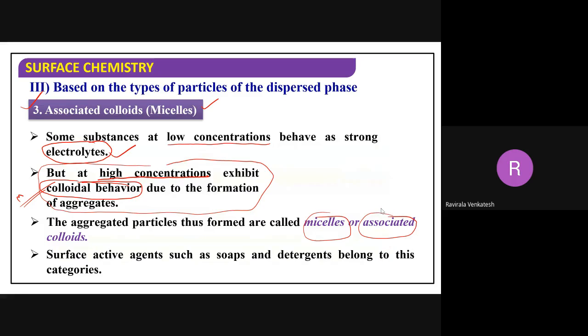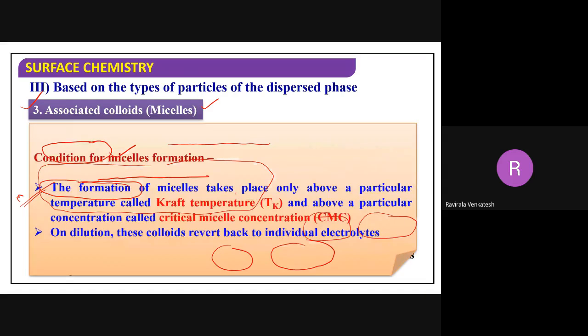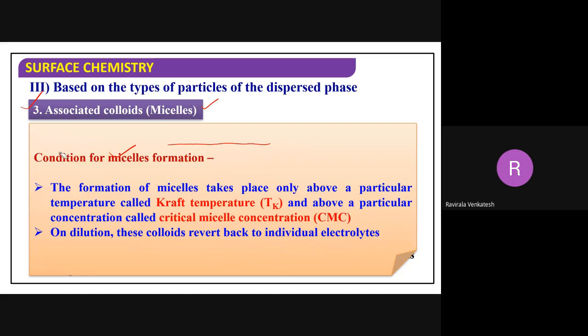Now, surface active agents like soaps are the best example for micelles, soaps and detergents. Now, what are the conditions for formation of micelle? When will it form? Formation of the micelle takes place above a particular temperature.